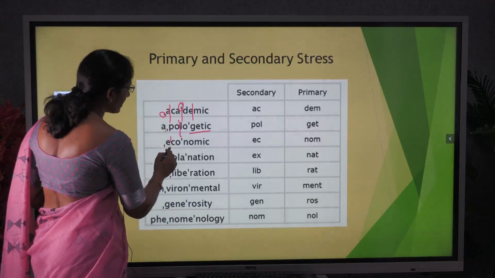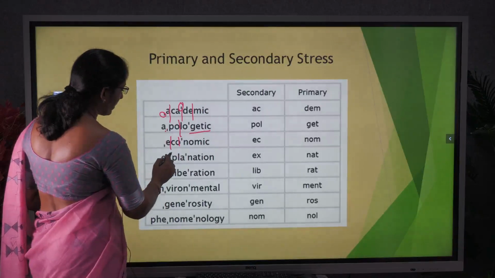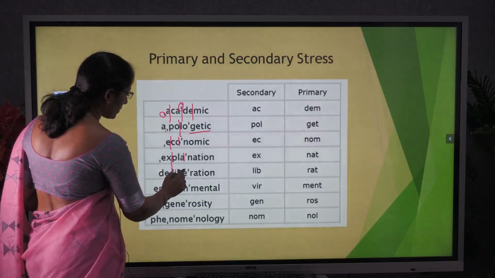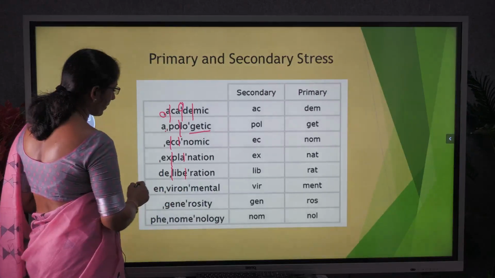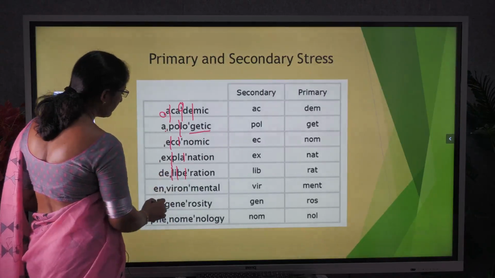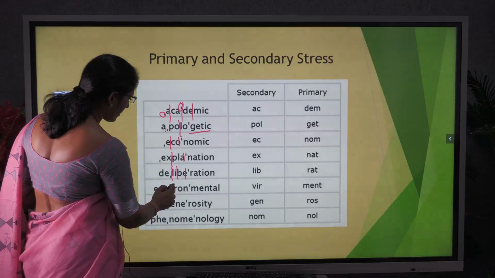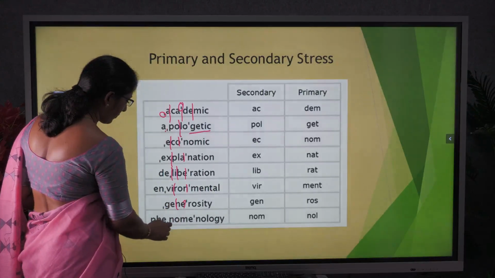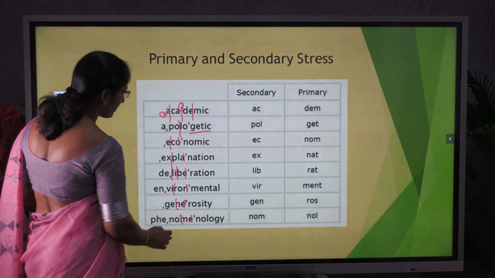Okay, in this case the second syllable, in this case PLA, in this case 2 syllables are left. Okay, sorry, 1 syllable is left. Here RON, NE, okay, ME.